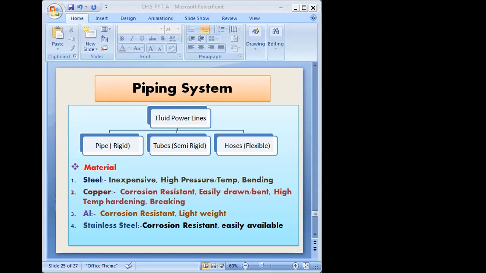As per your application, you should select a rigid pipe, or you have to go for the tube. And depending on your particular application, you have to choose the material, considering at what condition your pipe is going to operate. Getting it? So these are the different methods. Now I will show the.